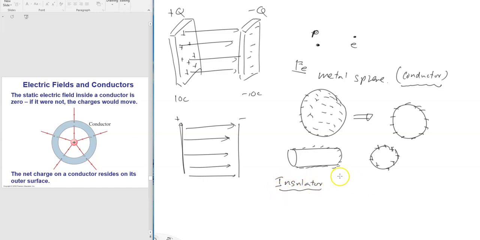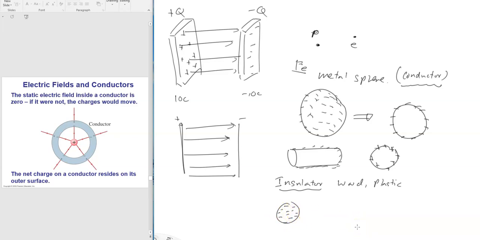Insulators, there's not much freedom for electrons to move around, things like wood or plastic. Let's say you have a wooden sphere, and you want to charge it, so you introduce some electrons. You can place them wherever you want. They won't move, they won't have much freedom.